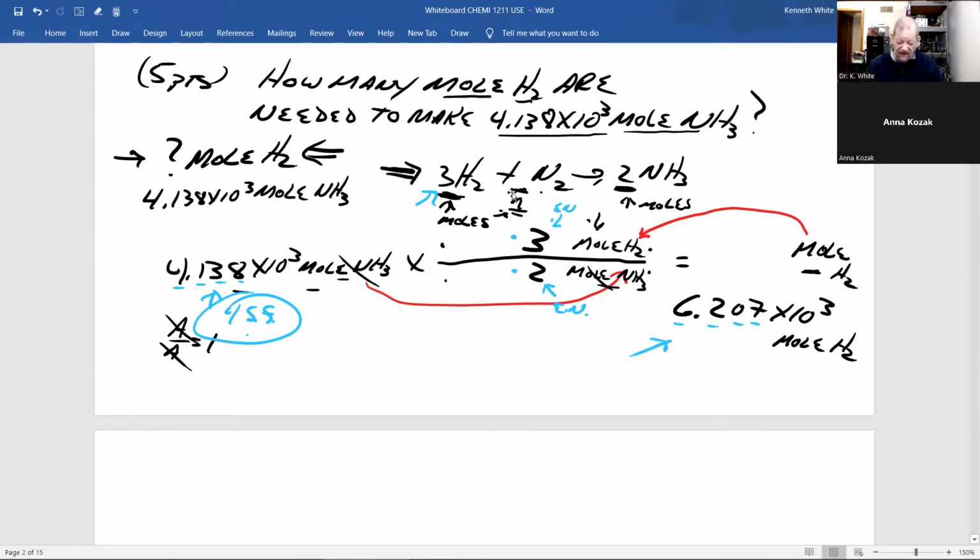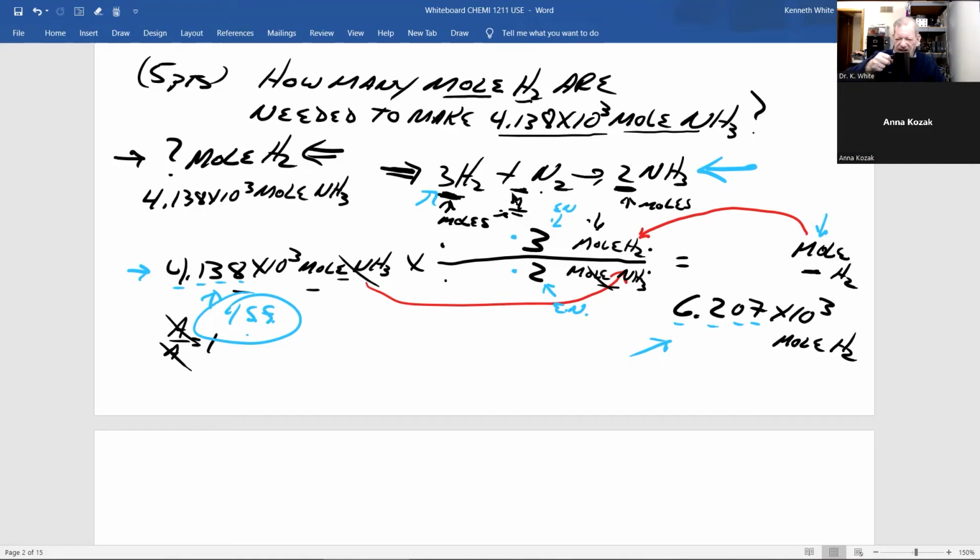We're also given this balanced chemical equation. And next, this is the only number we have to start with. This is the units we're trying to get to. And then follow the red arrows because you're using your good friend, unit analysis.